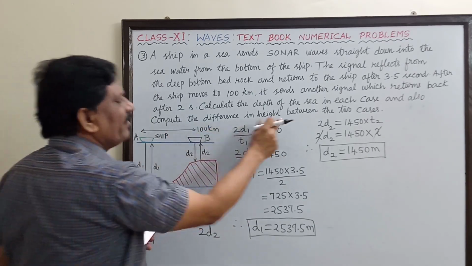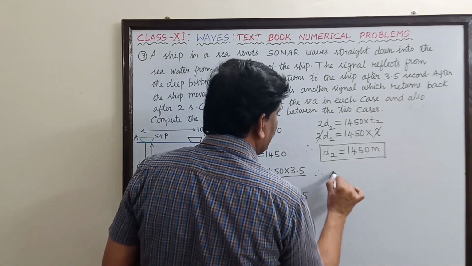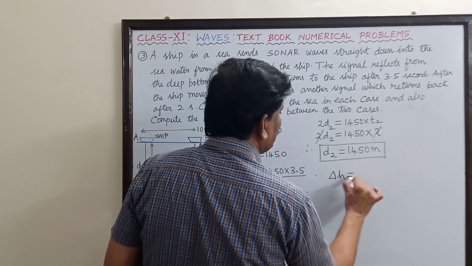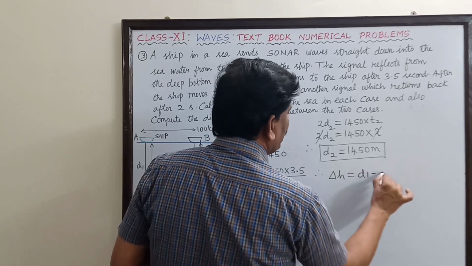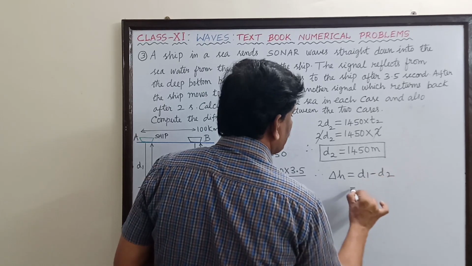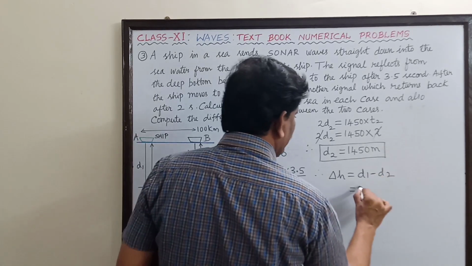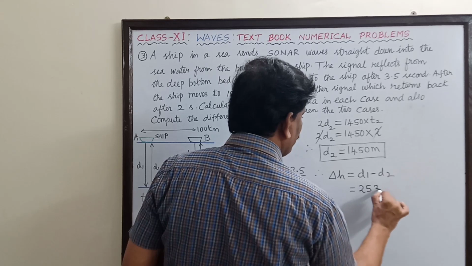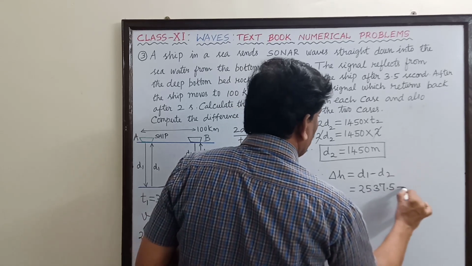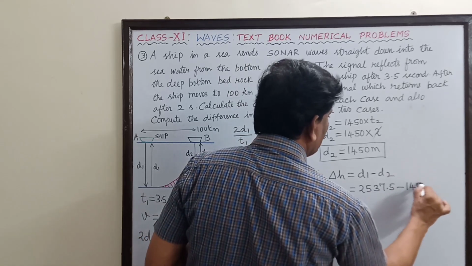Also compute the difference in the height. Therefore delta H is equal to D1 minus D2. So this is equal to 2537.5 minus 1450.